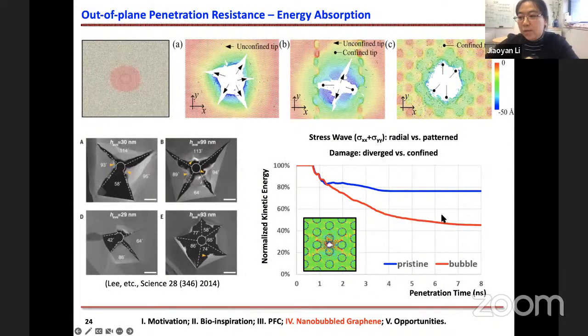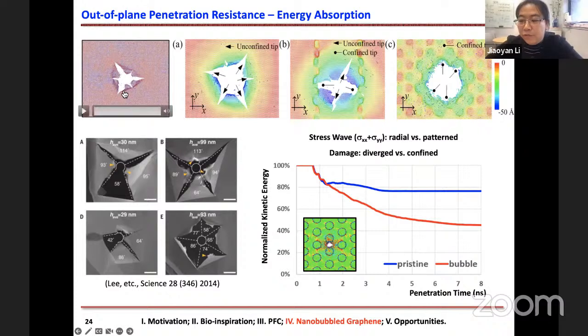So besides the enhancement of the in-plane fracture toughness, the nanobubbled graphene also shows an enhancement of the out-of-plane penetration resistance. The current experimental study has shown the graphene damage shape under external bullet impact. So we reproduce this process.